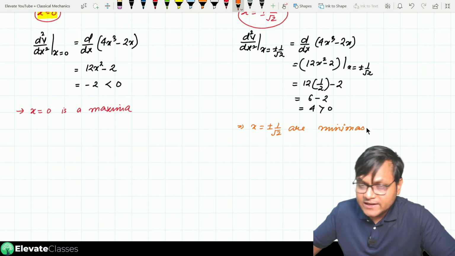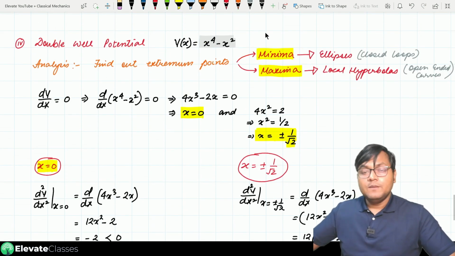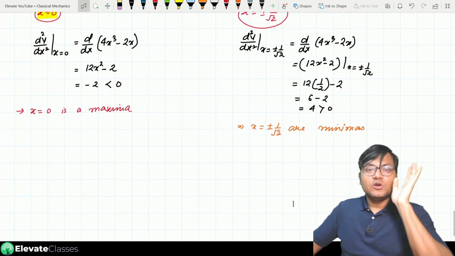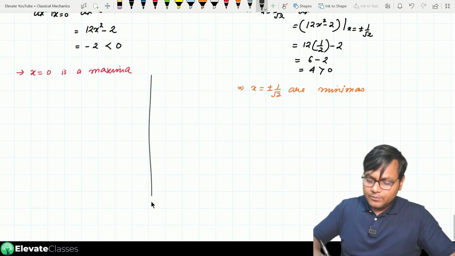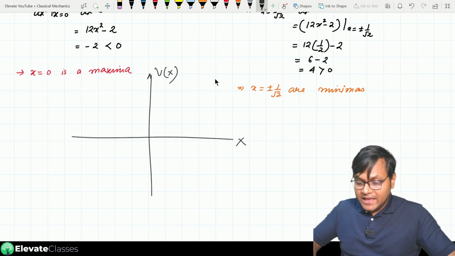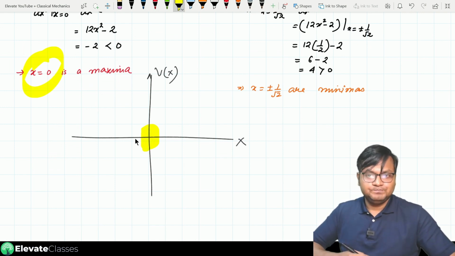Okay, so as I said, in an examination you can be given a potential function but not a diagrammatic representation. Then what you have to do is, based on your estimates, figure out the sketch of the potential. Suppose this is the x-axis and this is the V-axis, and x is equal to 0 corresponds to a maxima. So there is a maxima somewhere here.